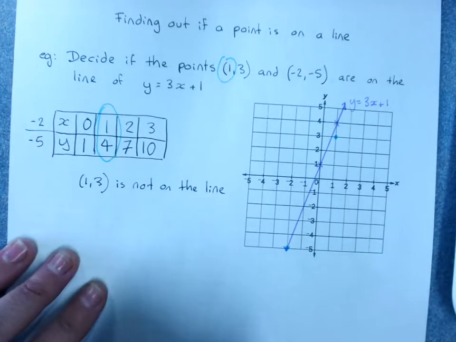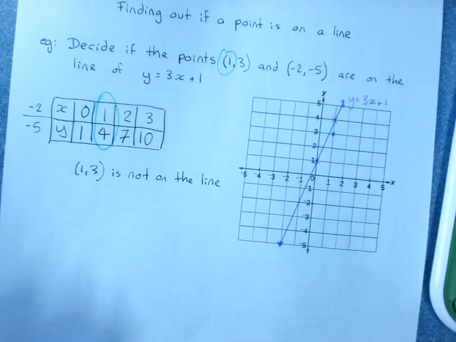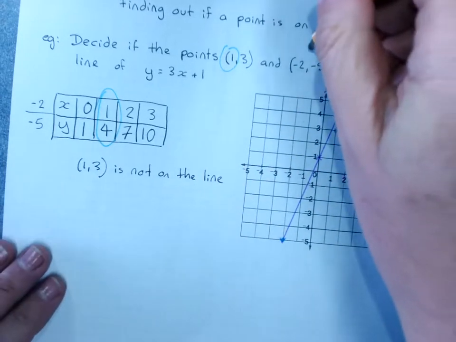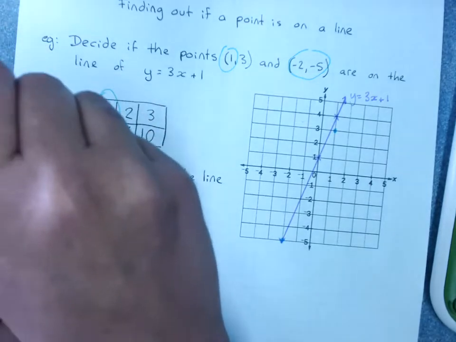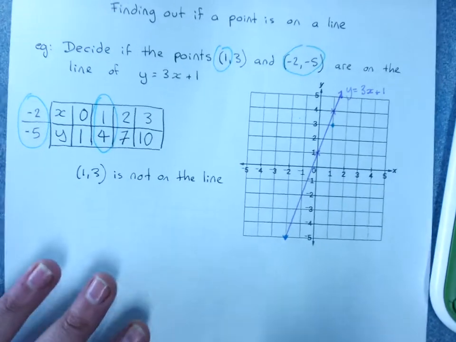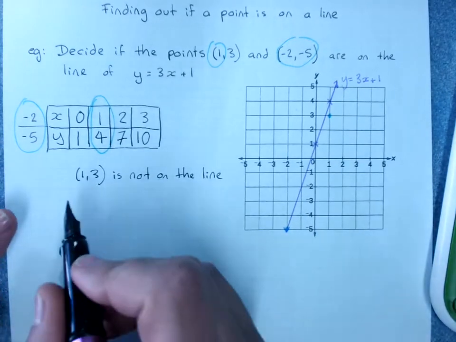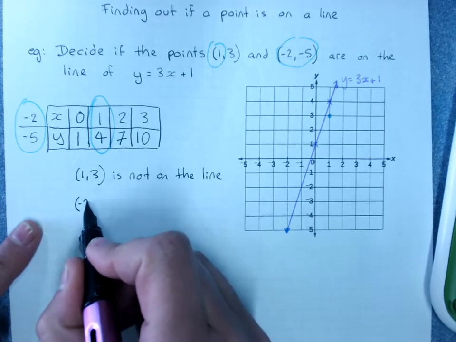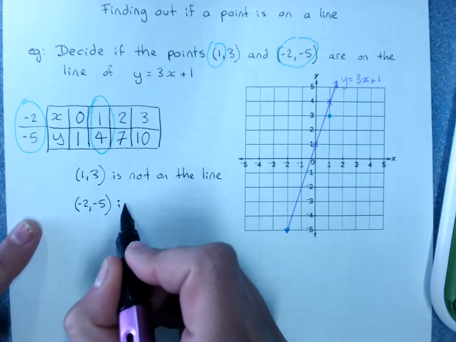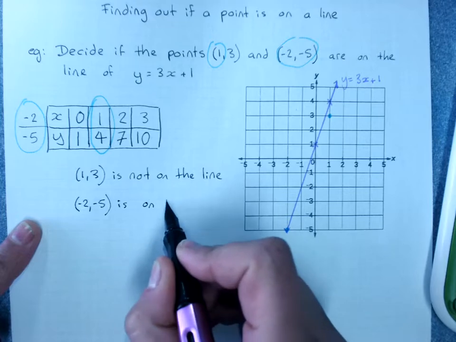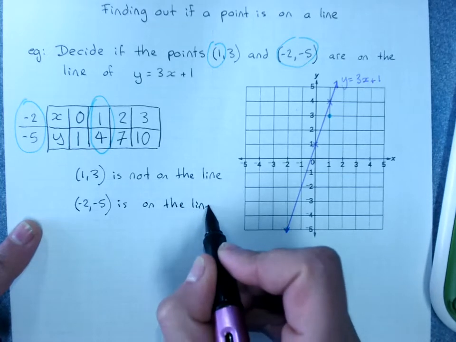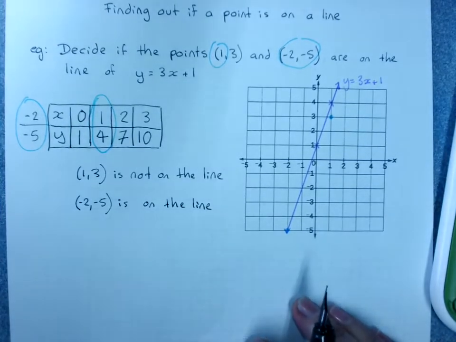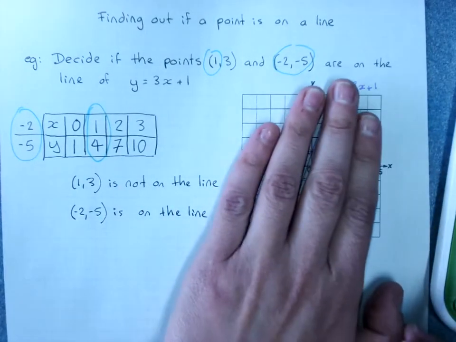That tells me that because this point is in the table of values, it must be, oh sorry about going crooked, it must be on the line. So you don't have to graph it to know.